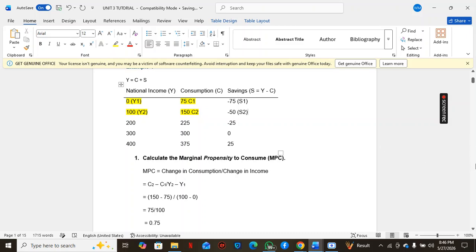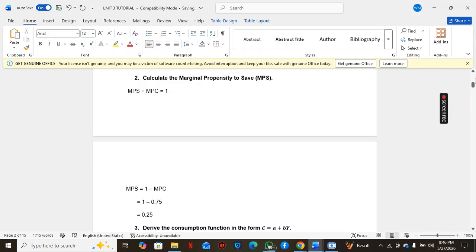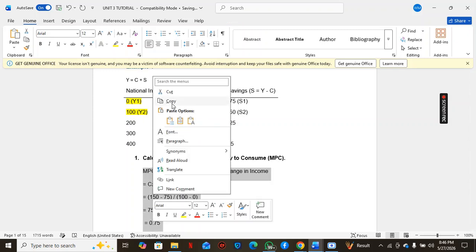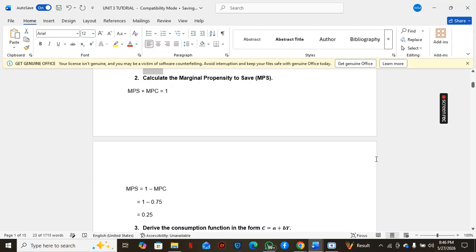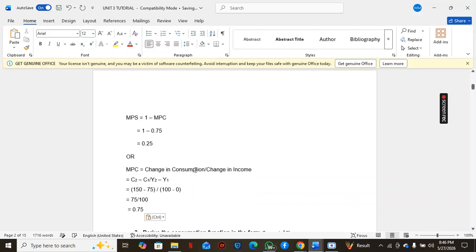Marginal propensity to save is change in savings over change in income. So this will be S2 minus S1.